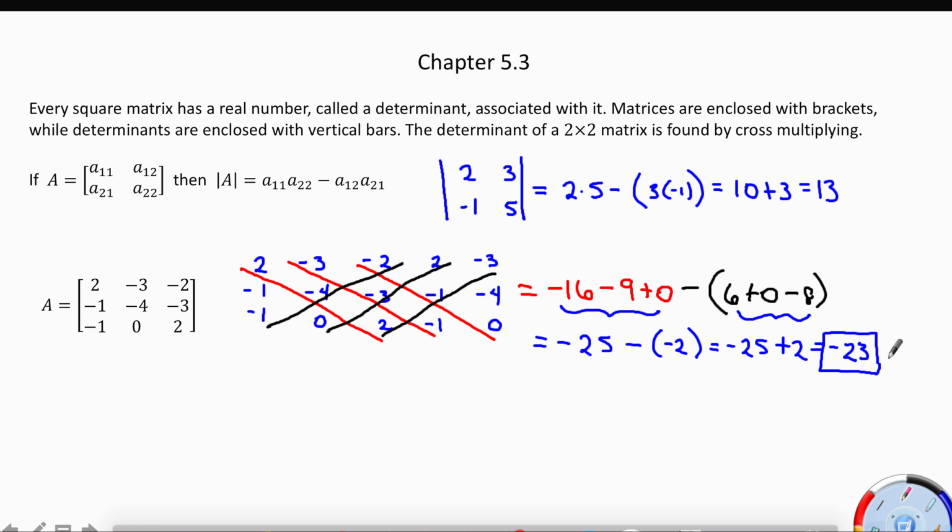Every square matrix has one number associated with it that we can find with this determinant method.